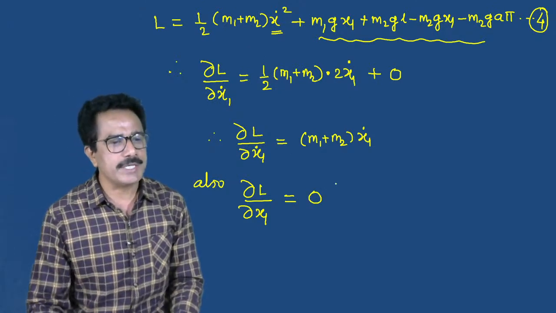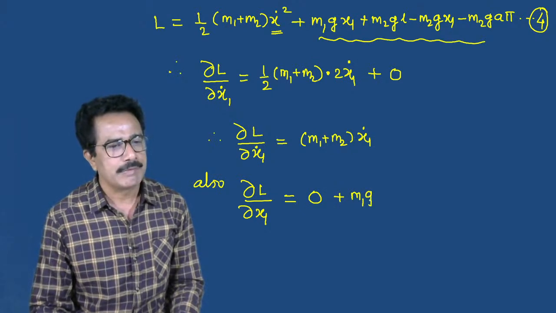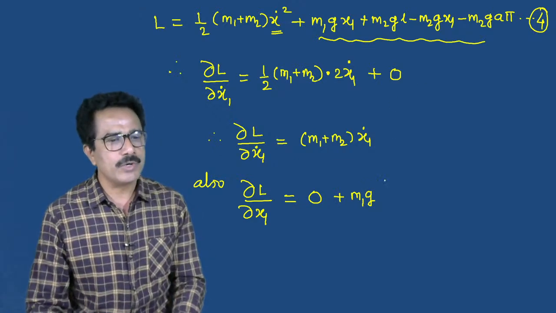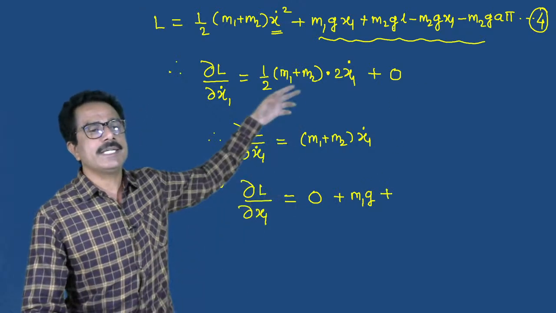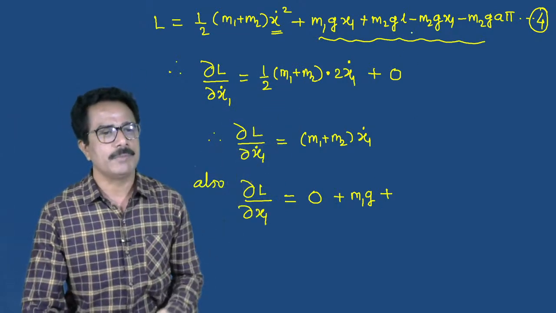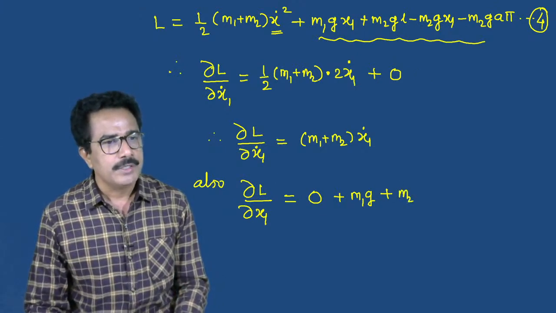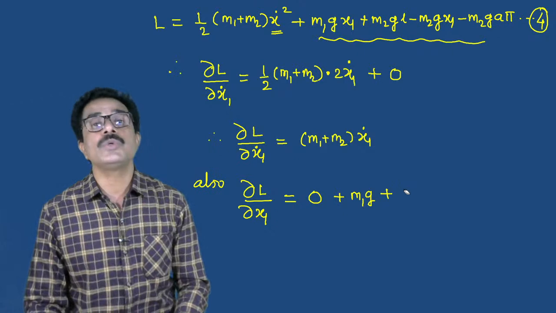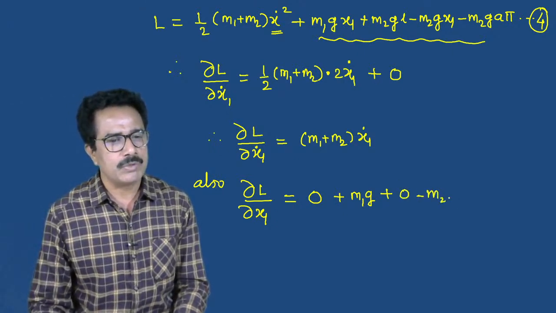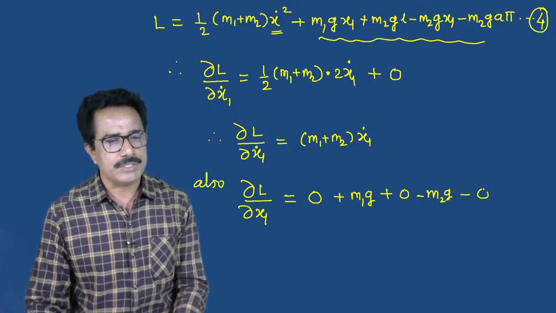Now the derivative of this x1 is plus m1 g. The derivative of the second term is m1 g, since the derivative of x1 is 1, minus m2 g x1; the derivative of m2 g l is 0, minus m2 g into x1, whose derivative is 1, minus 0.